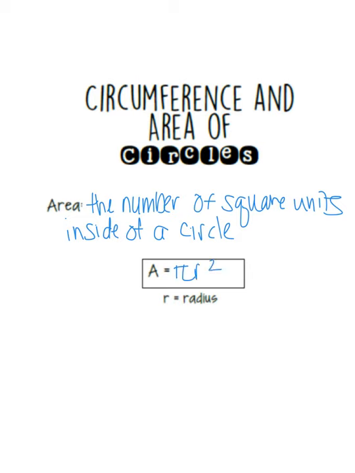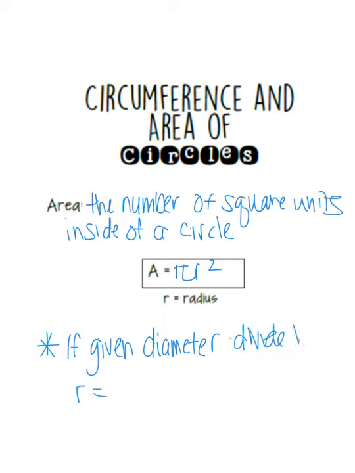If given the diameter, what you have to remember, so I'm going to write this down here and put a star with it: if given diameter, so radius, you would divide by 2. So radius equals d over 2.